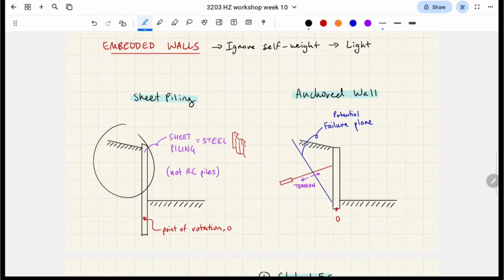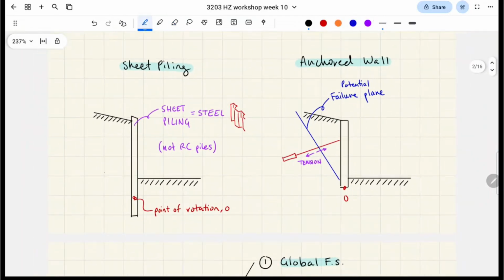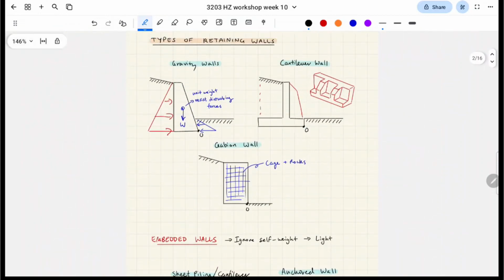And then you have these two elevations, the elevation of the soil at the top and bottom. That's what you're designing a retaining wall for, right? I should call this cantilever embedded, not to be confused with the cantilever wall from up here, the cantilever gravity walls.